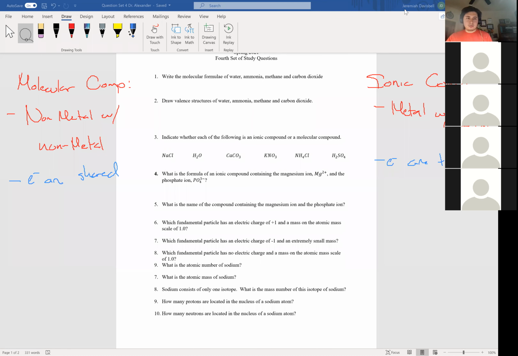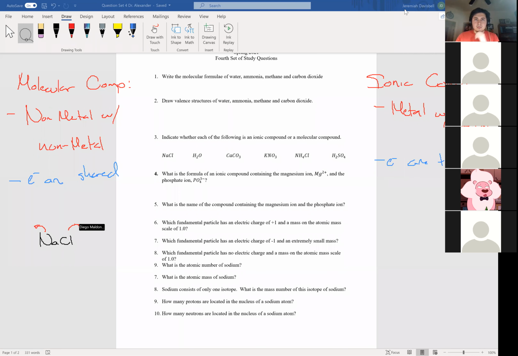Okay, now that we got our general definition down, we can start breaking these lovely compounds into groups. So for NaCl, what is it composed of? Sodium chloride.